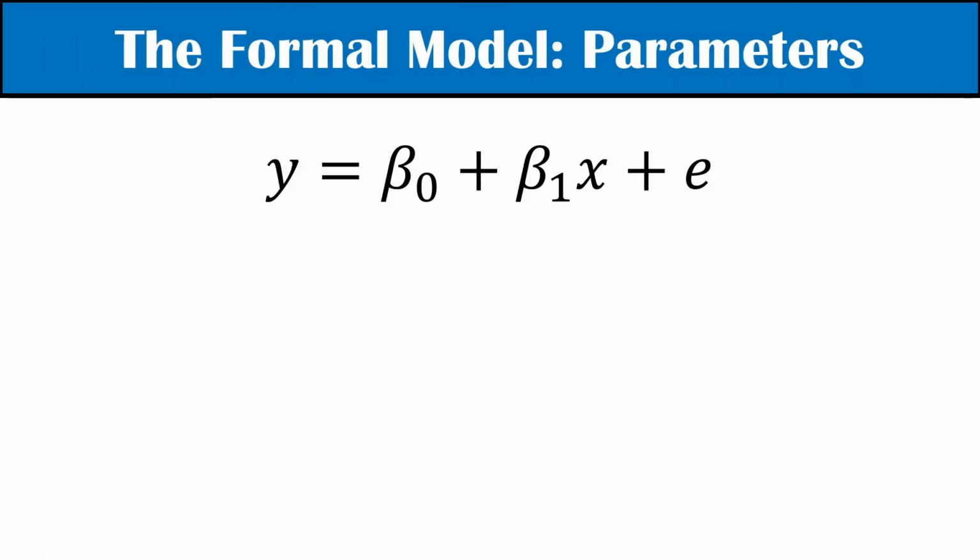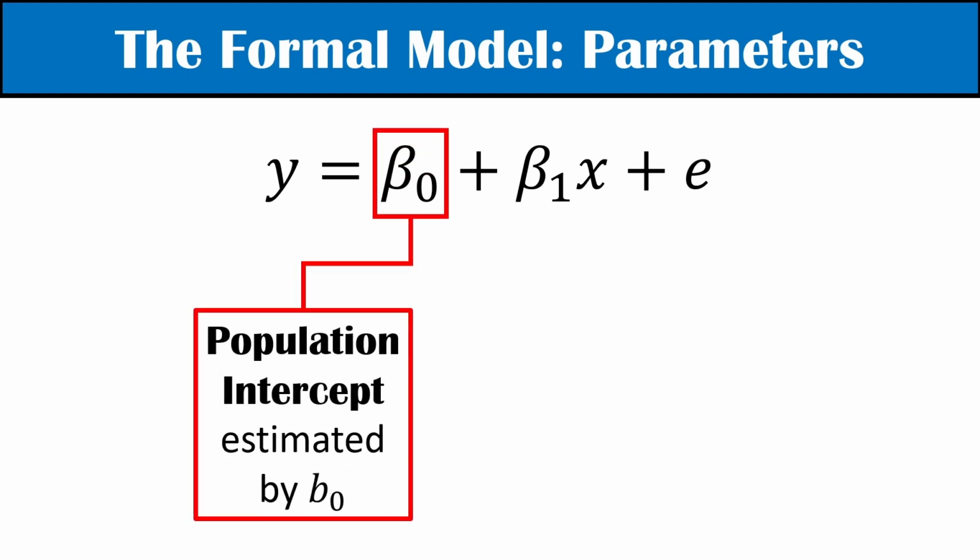So now let's look at the model parameters. We have two of them. We have a population intercept. Up until now, when we talked about regression in 2208 and in the last lecture, we used B0 for the intercept. B0 is an estimate that comes from data. What is it estimating?